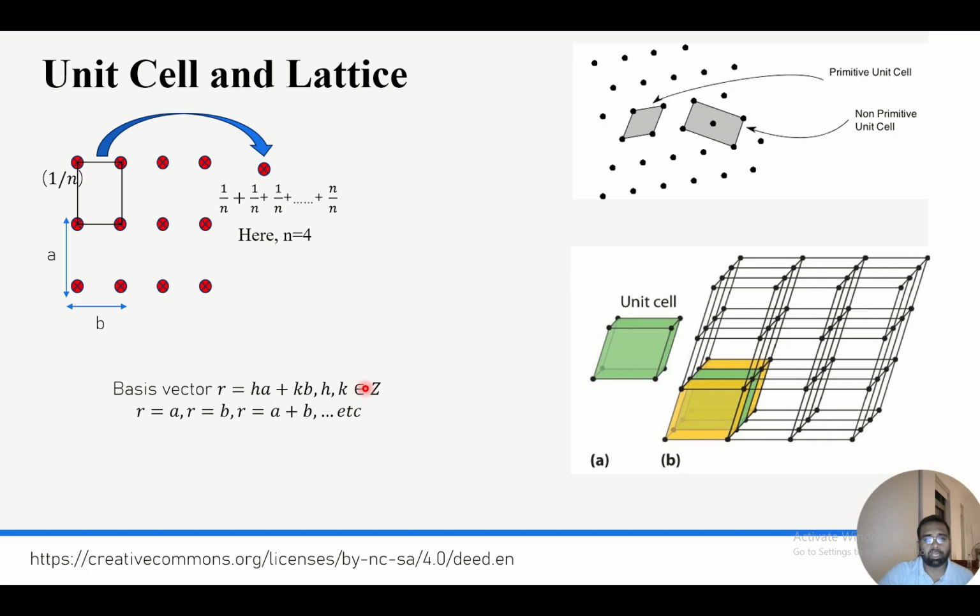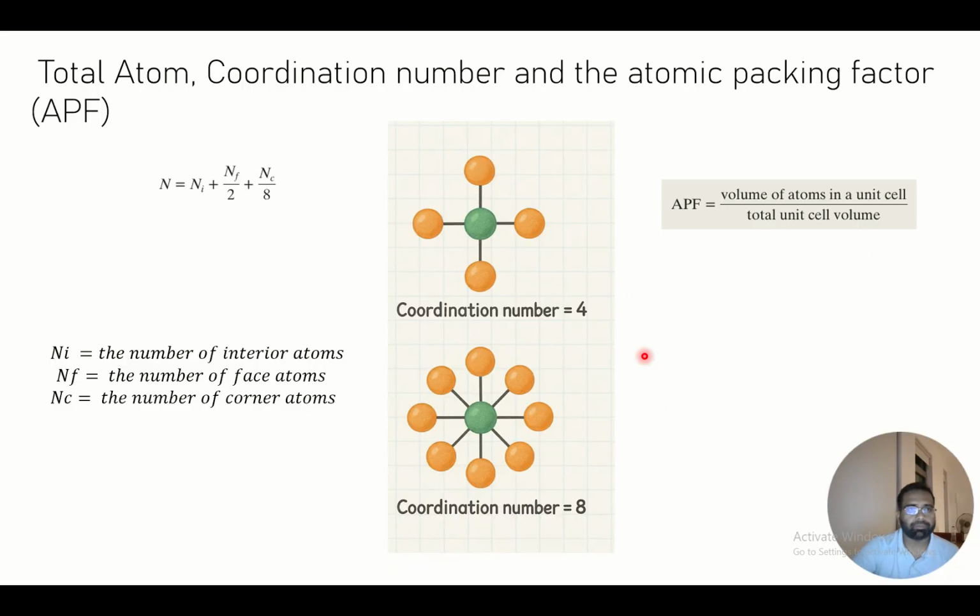Here h and k are integers. If you think about three dimensions, then in the case of three dimensions this is the smallest unit we have. This is not actually a pure cubic, but a kind of triclinic. We will understand it further.